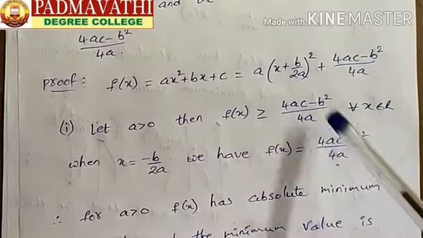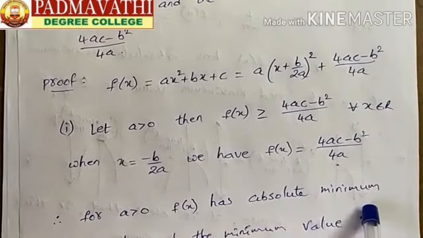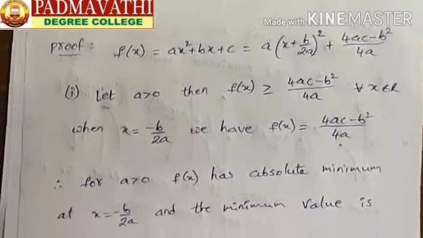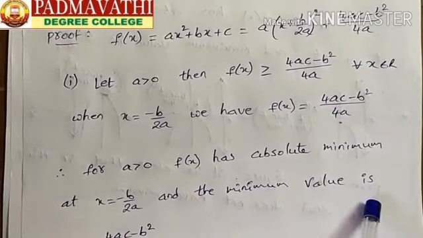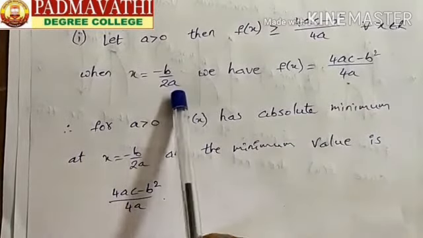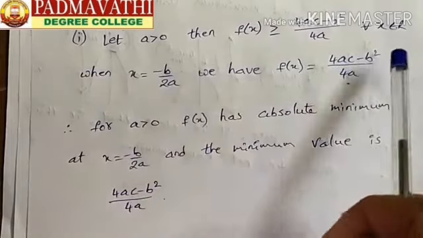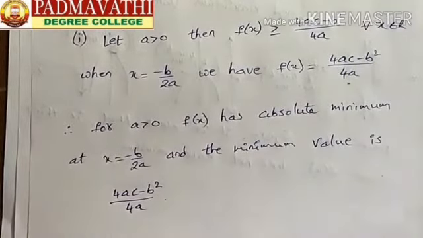Therefore, for a greater than 0, f of x has absolute minimum at x equal to minus b by 2a, and the minimum value is 4ac minus b square by 4a. So at x equal to minus b by 2a, that minimum value will come, and that minimum value is this value itself, 4ac minus b square by 4a.